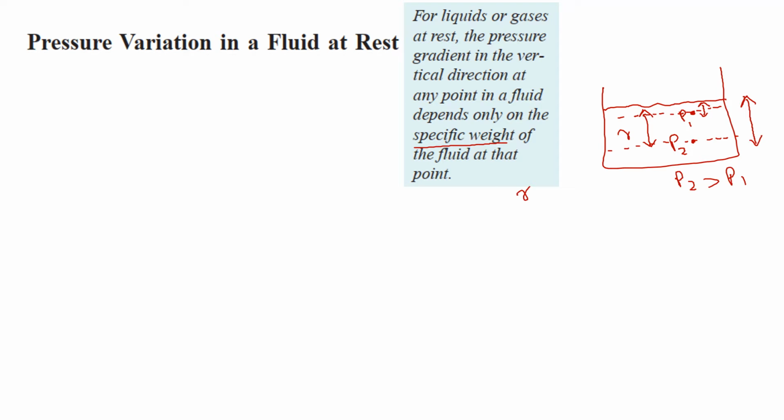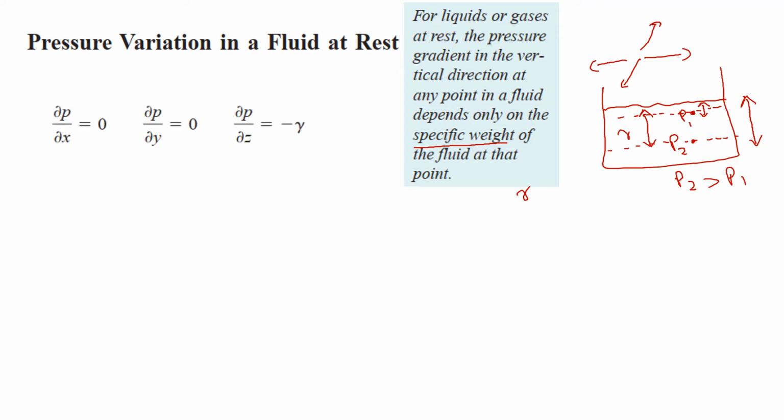So the pressure will change in the vertical direction. If we take a tank and move around, it will not change in the x or negative x direction, or in the y or negative y direction, but it will only change in the z direction. So that's what we came up with.